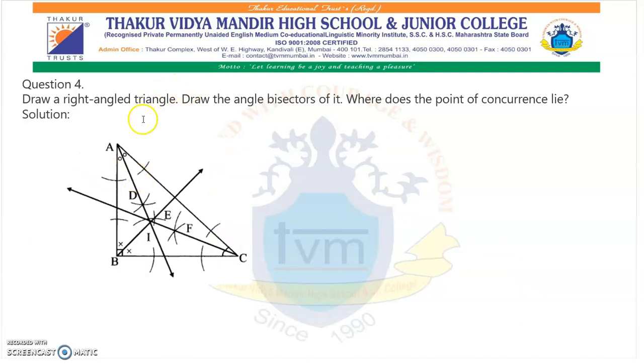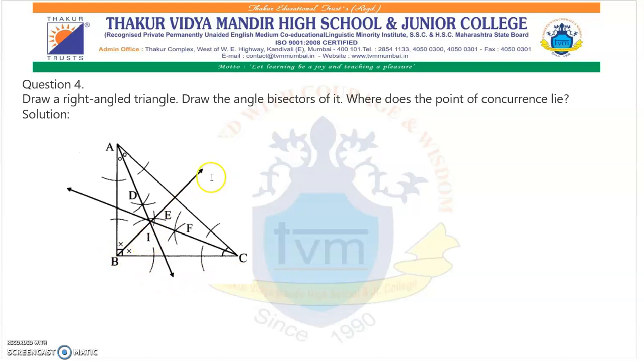In the same way, we can see this in a construction on a right angle triangle. Draw the angle bisectors of it. Where does the point of concurrence lie? In the same way, we first construct one right angle triangle. This is the symbol for 90 degrees.